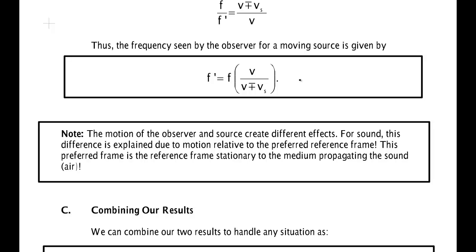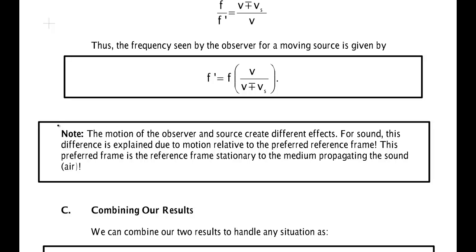It's motion with respect to that medium. This is an interesting question for light because light has no medium, and it's an interesting question in modern physics, and Einstein actually looked at this in dealing with what he called relativity. But unfortunately we don't have time for that, nor is it in this course.